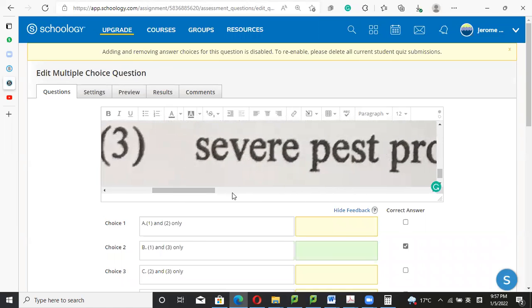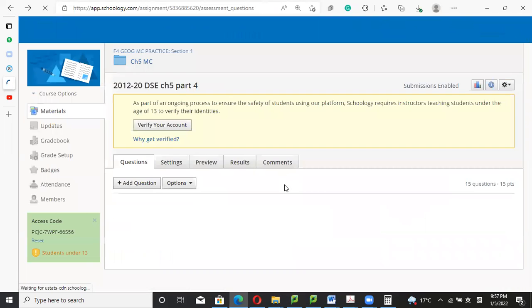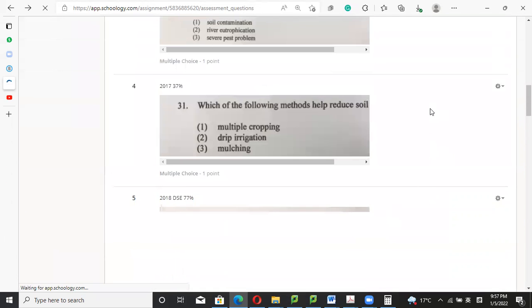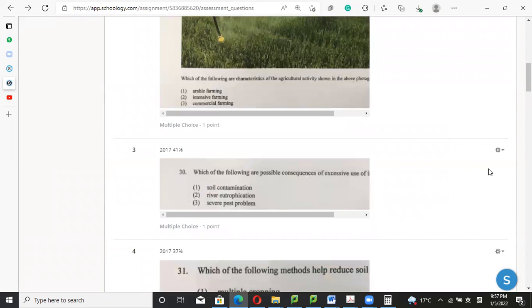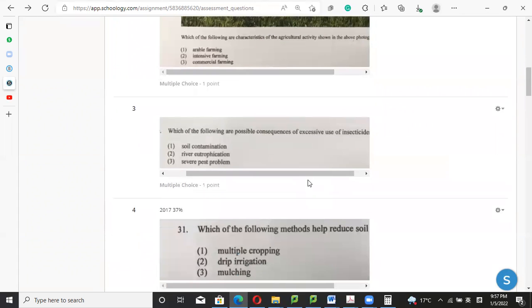It's also about pests having more resistance once we apply too much insecticide. Once they have resistance, no matter how much insecticide we put, it's no use. So a severe pest problem is also the case. Number 1 and number 3.